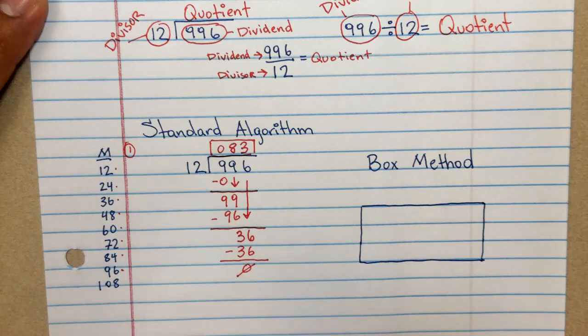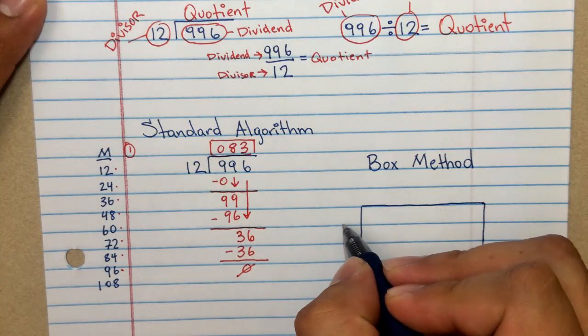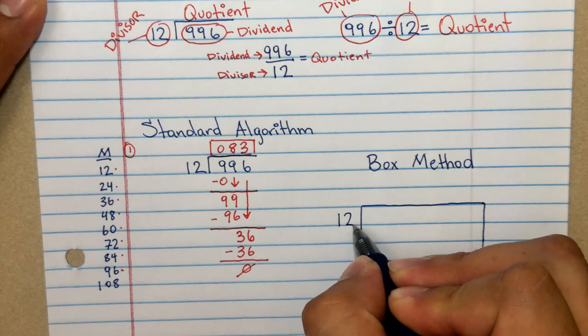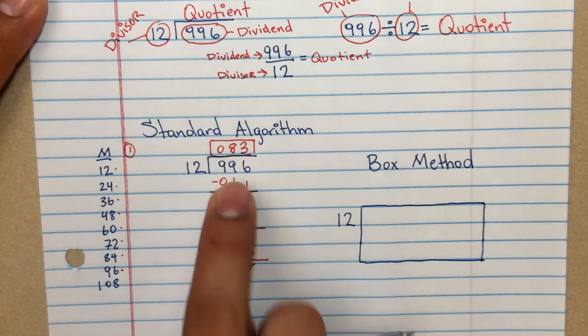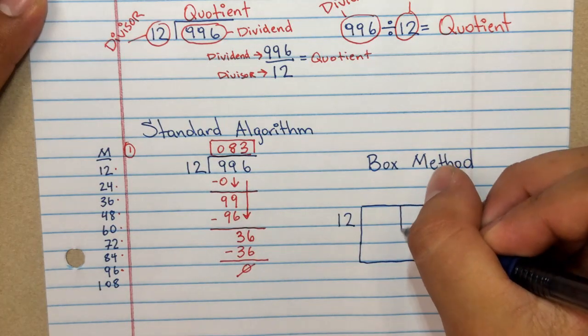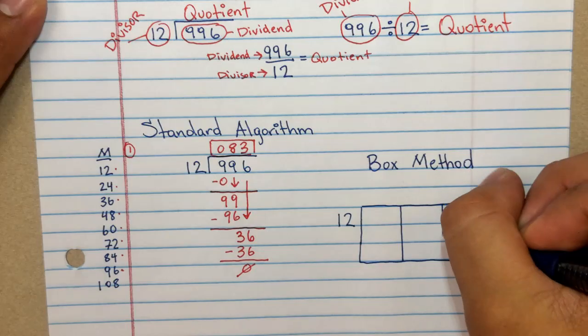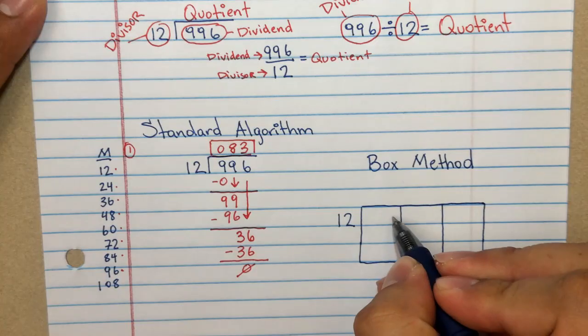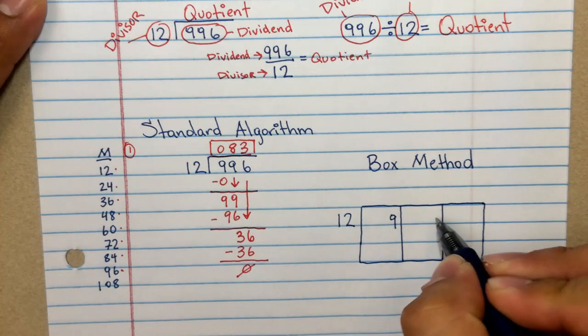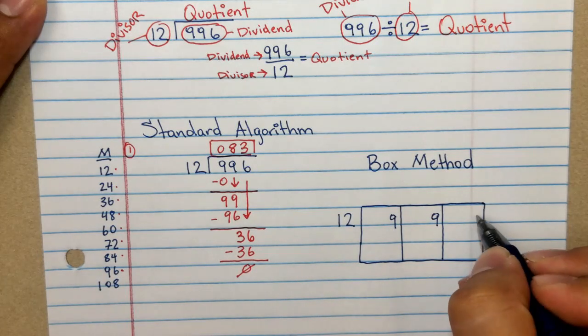I'm still going to put the 12, the divisor, outside. But here, my dividend, we had 3 digits. So I'm going to make 3 boxes inside my rectangle. And each of those digits, I'm going to put them closest to the right. 9, 9, 6.